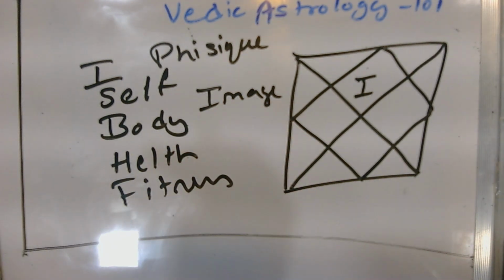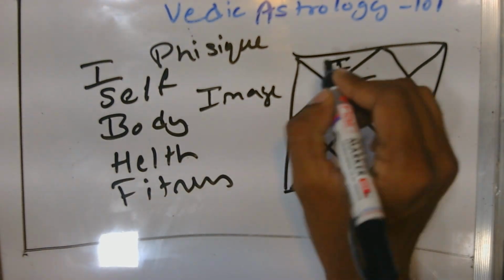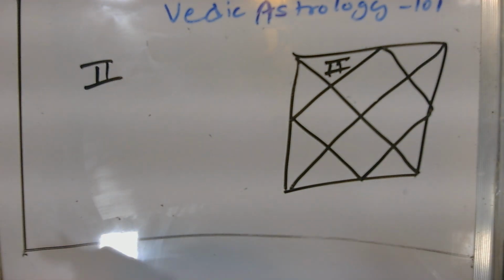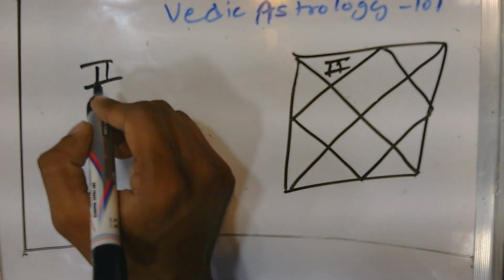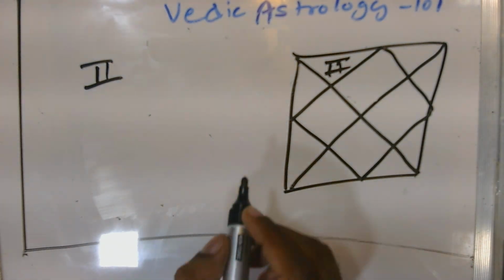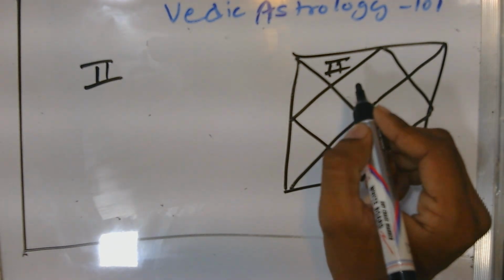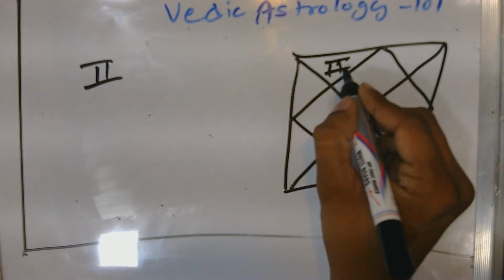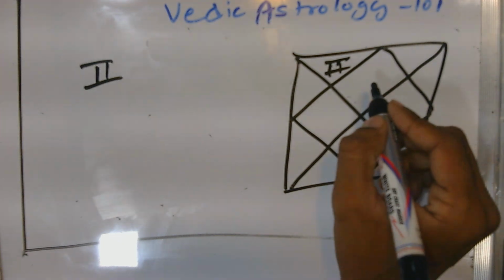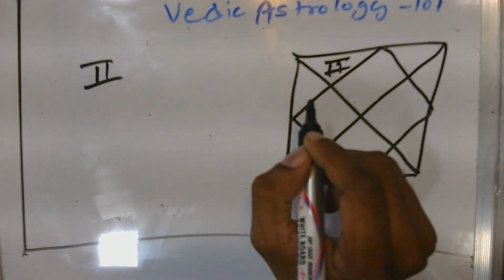Now we'll look into the second house. The second house will tell us about things which are required for the survival of the first house or for maintaining the first house.